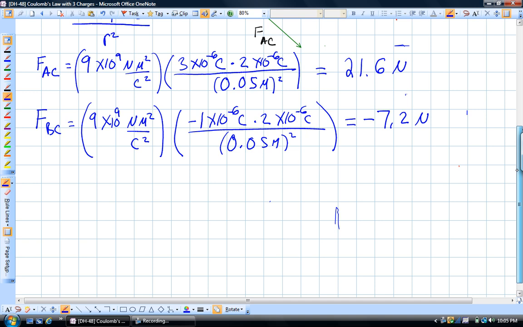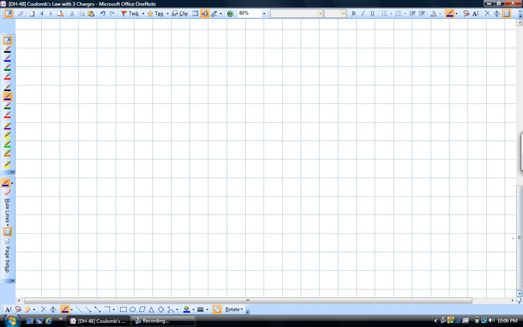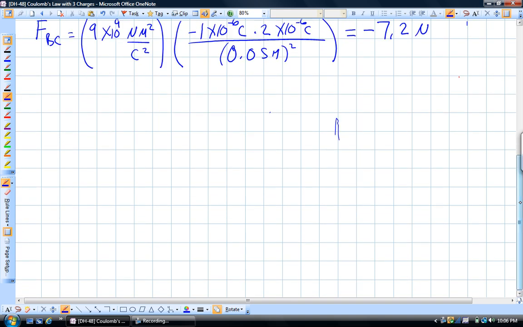From this point on, it's really just a vector problem. But it's been a while since most people have had to do vectors, so let me just remind you. Here's the way I like to do it. It's important to consider the x and y components separately. So across the top, I like to have x and y, make those nice and separate.